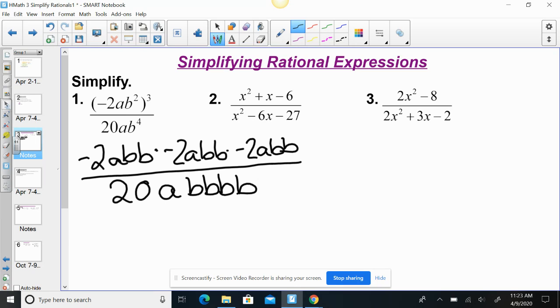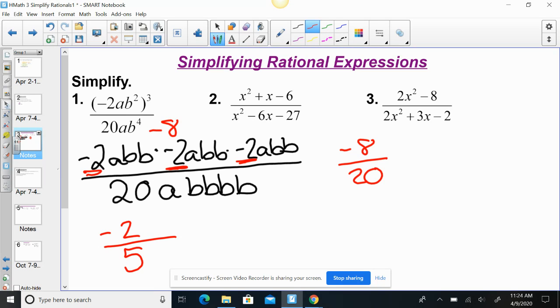So I'm going to look for any common factors in my numerator and denominator. Negative 2, negative 2, and negative 2. Negative 2 times negative 2 is positive 4, times another negative 2 would be negative 8. Thinking about negative 8 divided by 20, I know that 4 goes into both of them. Negative 8 divided by 4 is negative 2, and 20 divided by 4 is 5. So that's going to reduce to negative 2 over 5.